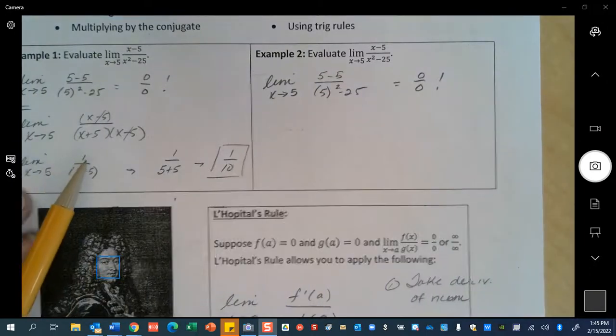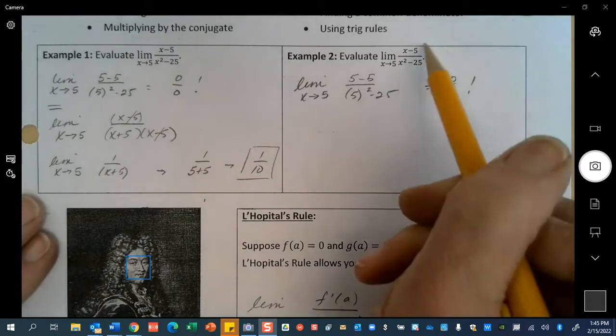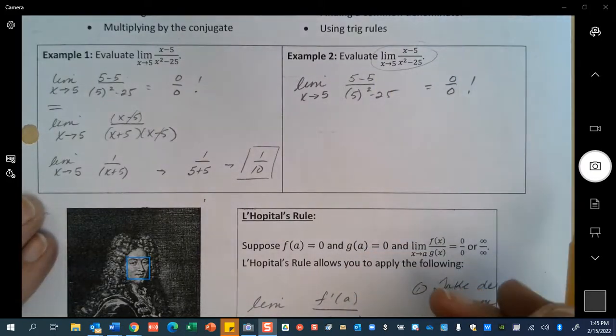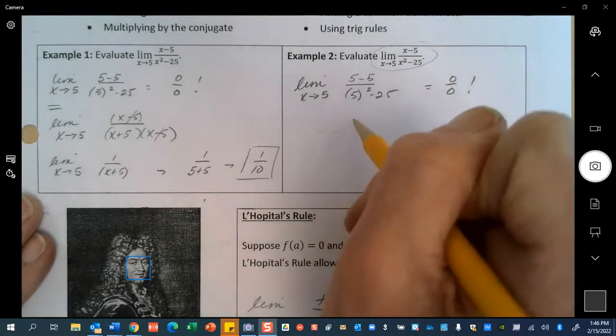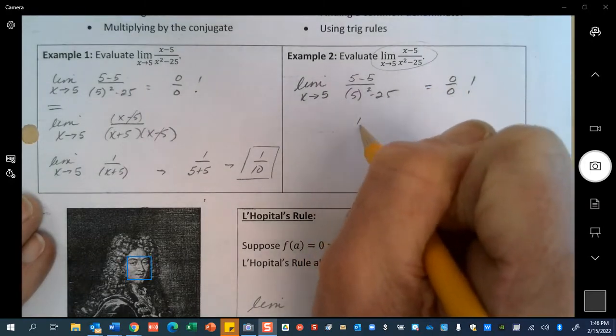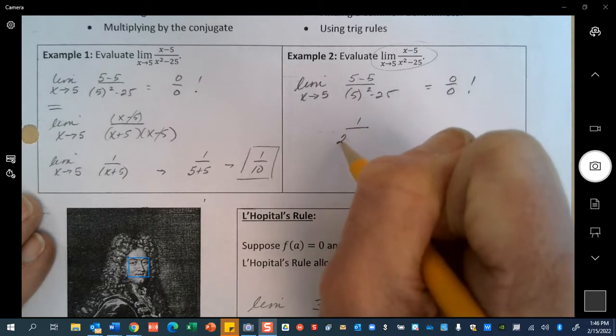So instead of dealing with factoring, instead of dealing with the conjugate, instead of dealing with trig rules or a common denominator, let's go ahead and go back to our original function and we'll take the derivative. So when we take the derivative, we end up with 1 over 2x.